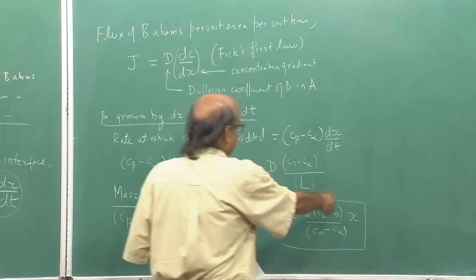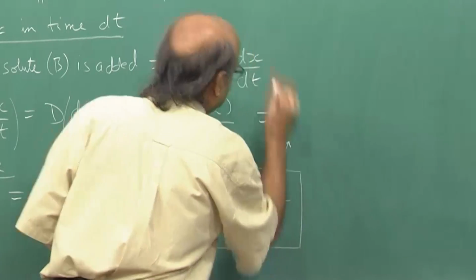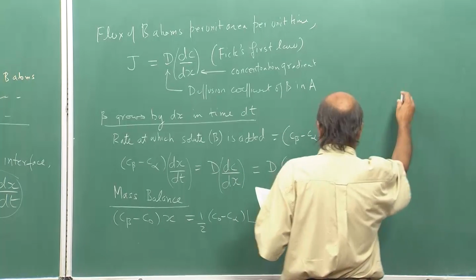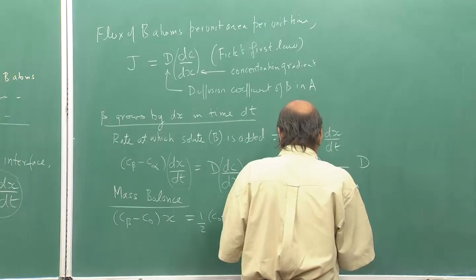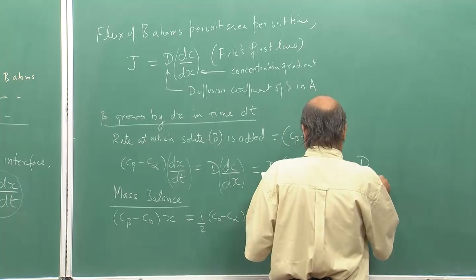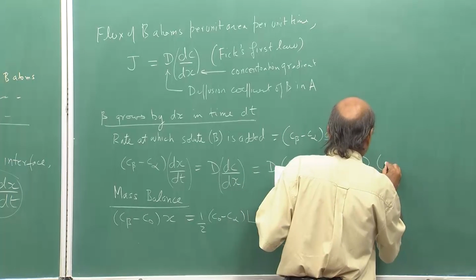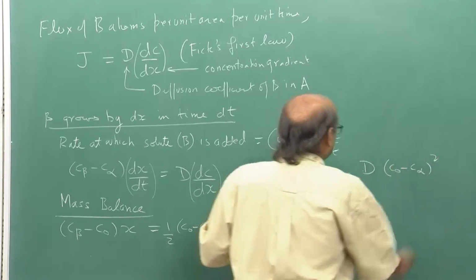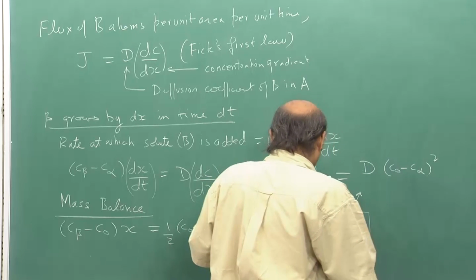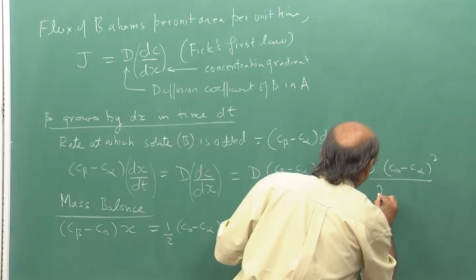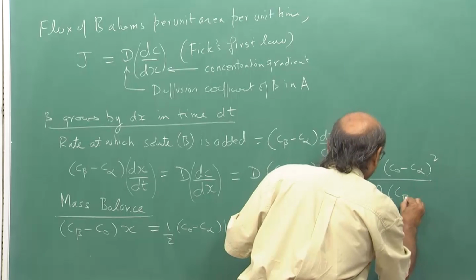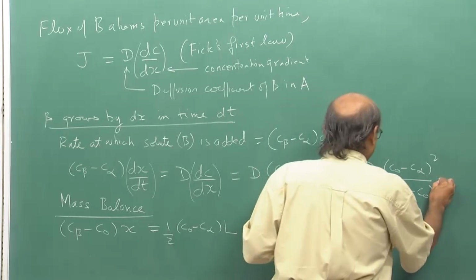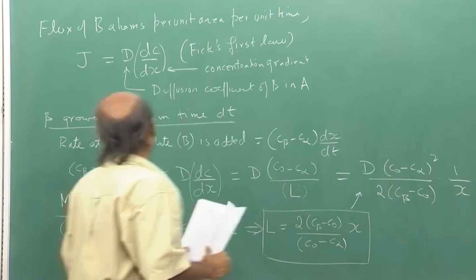So, if I substitute this in this, I will get D times (C naught minus C alpha) squared upon 2 times (C beta minus C naught) times 1 upon x.